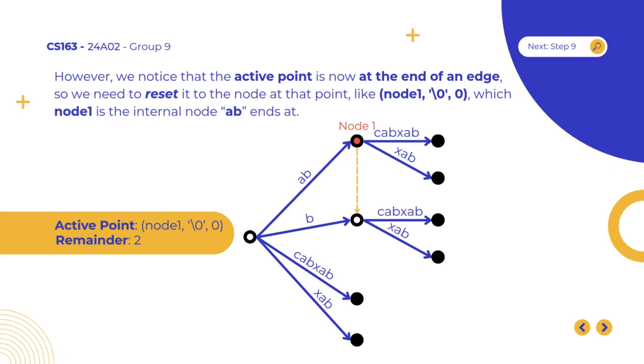So the active node is reset to node 1. The active length is reset to 0. And the active edge is reset to no character. Continue.